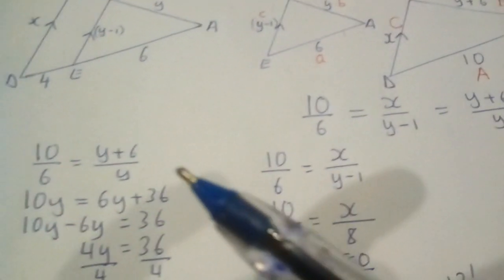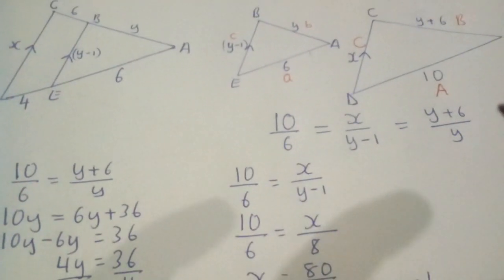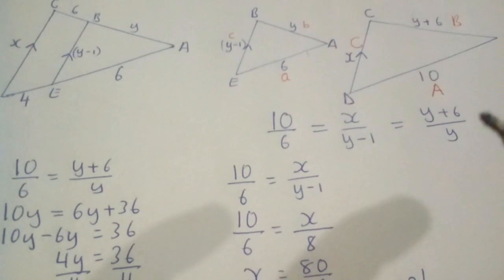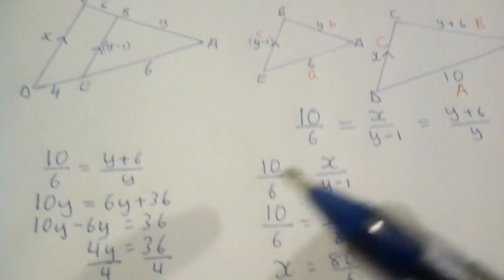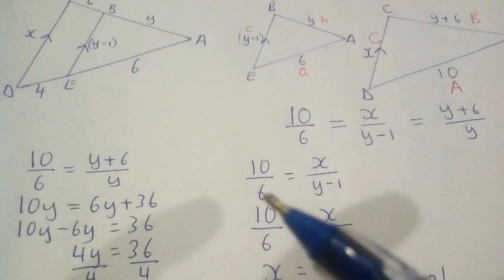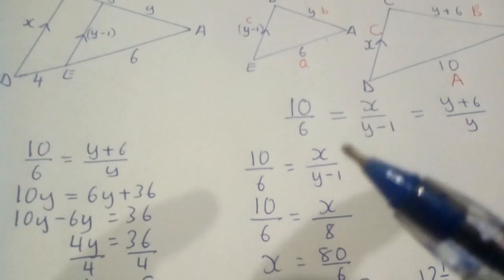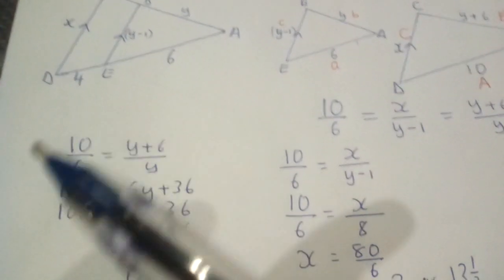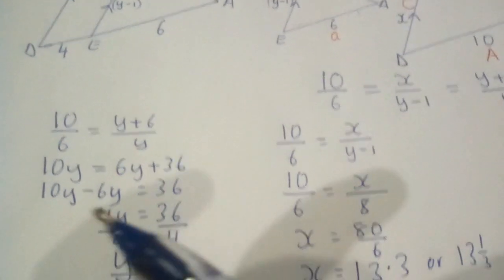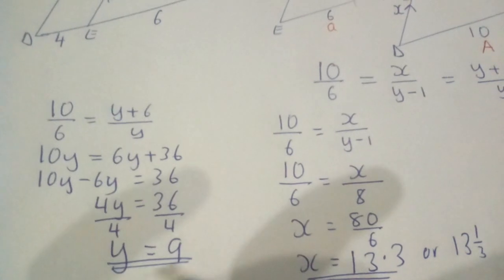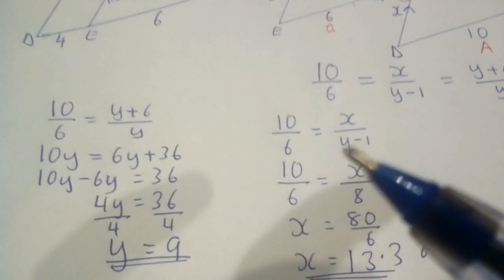After that, we shall just take pairs. We take a pair for 10 over 6 and Y plus 6 over Y as shown here, because 10 over 6 is complete. But remember, we cannot do the second one, X over Y minus 1, because it has X and Y. We can solve this one because it has only Y. Then we cross multiply, we work out, and we get the value of Y. After getting this value of Y, we keep it here.